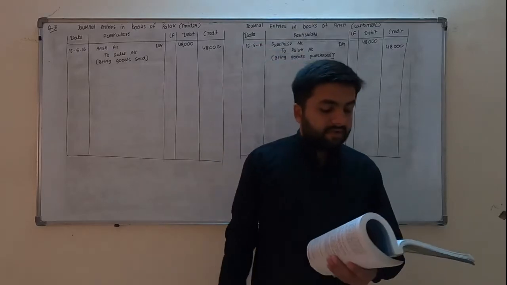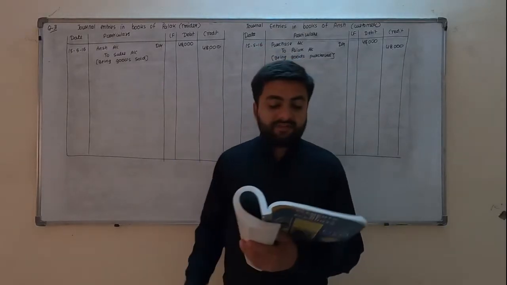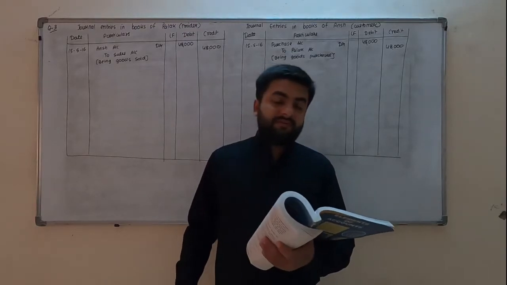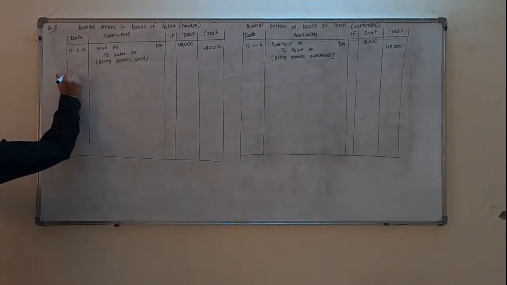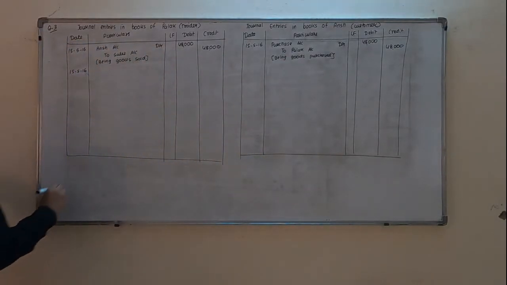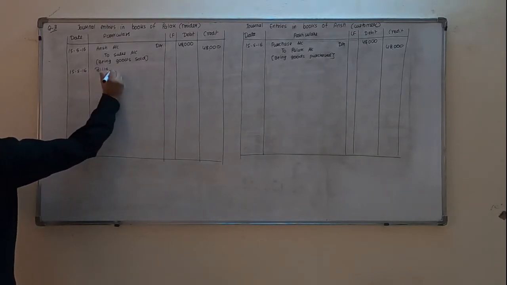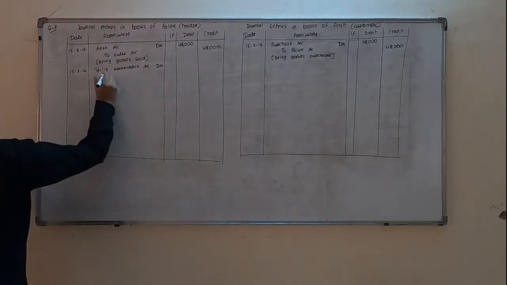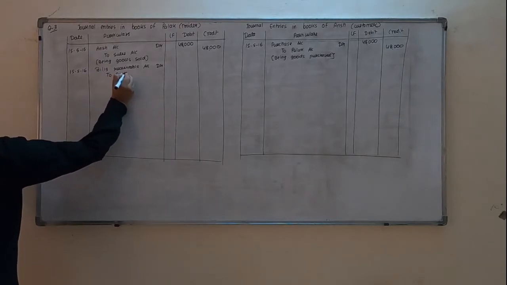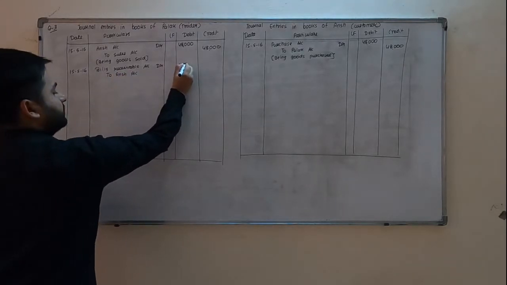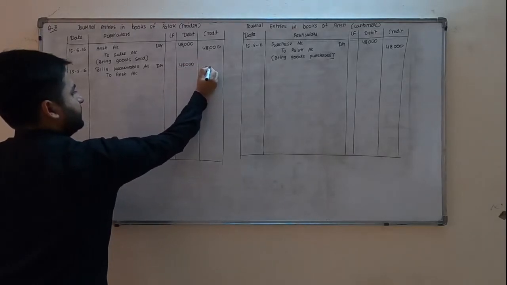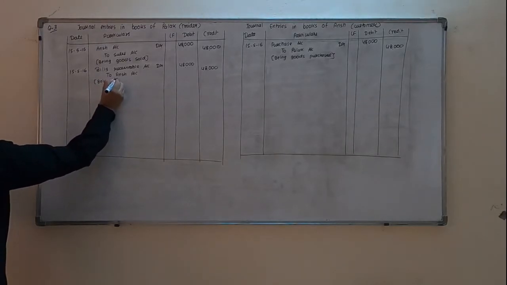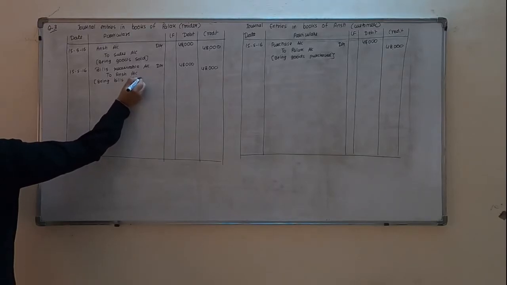Now next. On the same day, on 15/5, Palak drew a bill on Ansh for 60 days, which Ansh accepted. Okay, now we have to draw the bill. Same day, 15/5/16, bills receivable account debit to Ansh account, amount 48,000, being bills drawn.